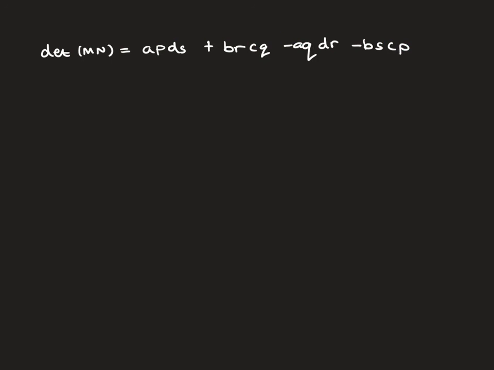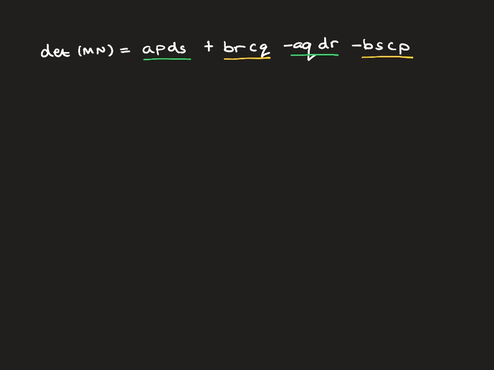So here are our 4 terms. And what I'm now going to do is look for where I can see some common factors. Now here, these terms both feature an A and a D. And here, these terms both feature a B and a C.